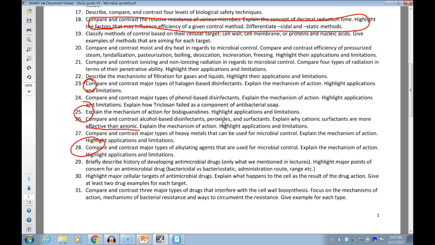Understand what they do. They chemically modify proteins and nucleic acids, changing their structure and function, rendering the cell dead. Can they sterilize? Yes. Does that make sense?